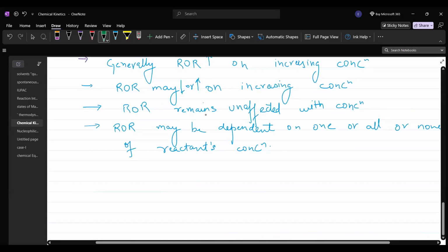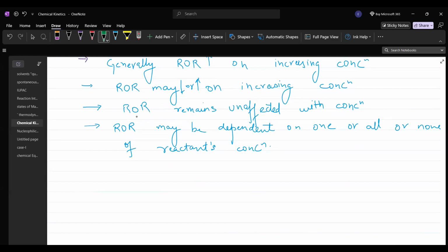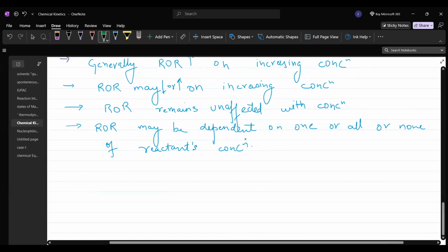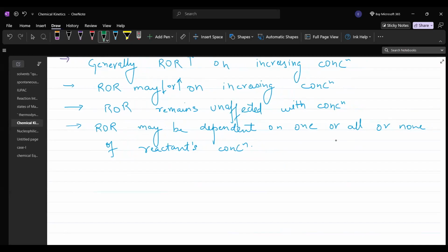So this is a good example that the rate of reaction is not affected by the concentration of these reactants. And this last one says that the rate of reaction can be dependent on one, all, or none of the reactants' concentrations.